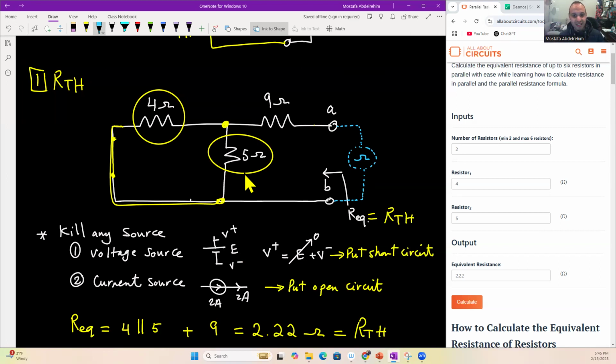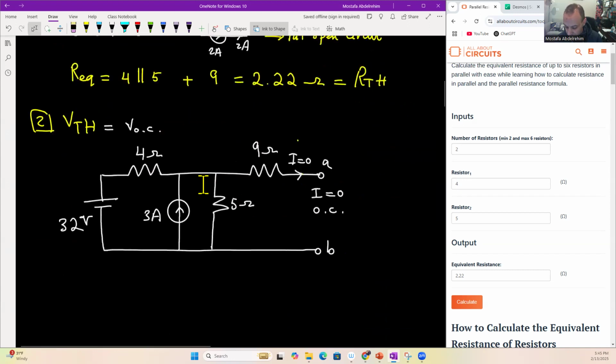I explained it in the videos and examples on how to find R equivalent: between the two terminals you want to find R equivalent between, you always imagine there is an ohmmeter. The ohmmeter is a device that measures the resistance of a circuit. So it's not open circuit.